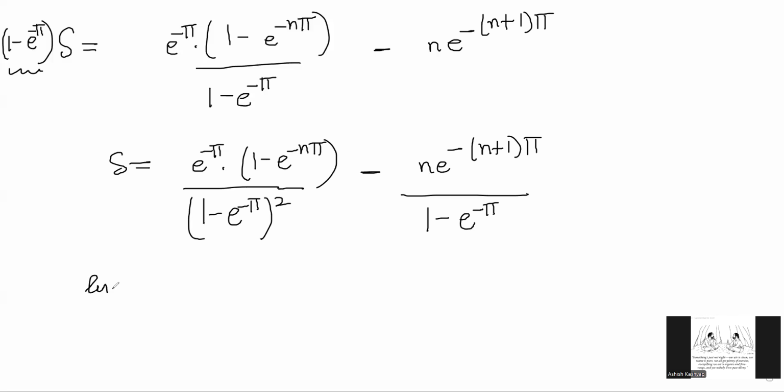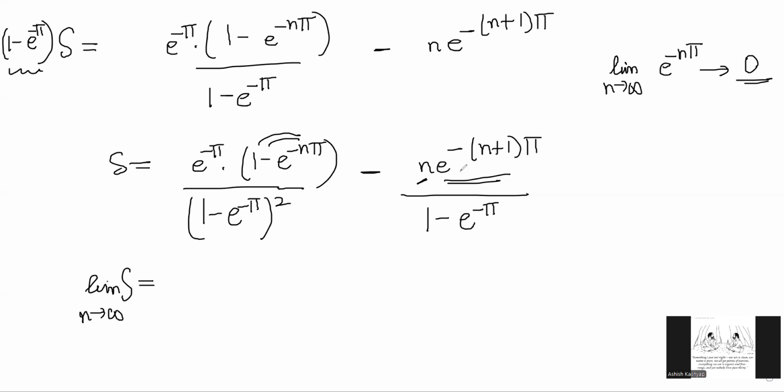What I have to do is take the limit n tends to infinity of this S, right? So you should realize that e power minus n pi as n tends to infinity will tend to 0, so this part tends to 1. Also, n e power minus n plus 1 pi as n tends to infinity will also tend to 0 because it is n by e power n plus 1 pi.